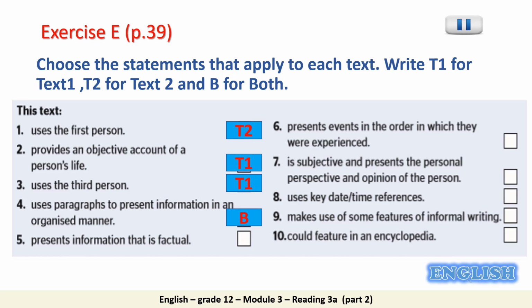For number 5, which text presents information that is factual? The information in the text is based on facts, which means it is real, not fictitious or imaginary. I suppose you know the answer. Good. Both texts present factual information.